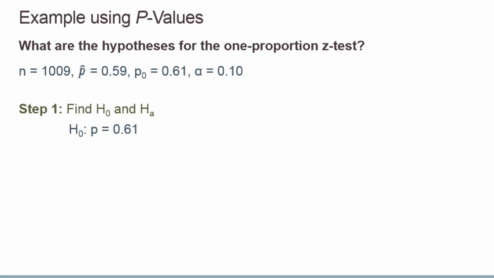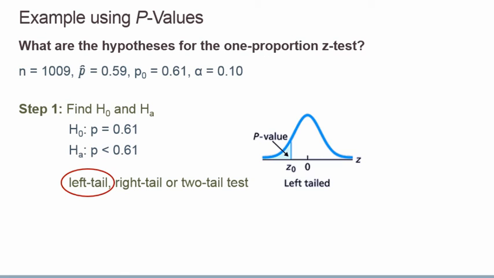Since we need to prove that there was a decrease since 1936, H sub a is p is less than 0.61. Looking at H sub a, we need to decide if we have a left-tailed, right-tailed, or two-tailed test. Since it is less than, it is left-tailed. Our p-value is going to be the area to the left of z sub 0.